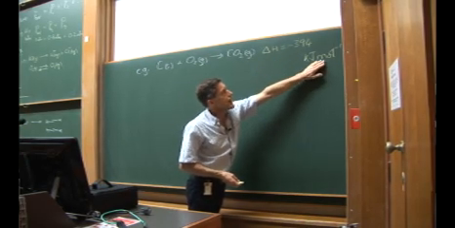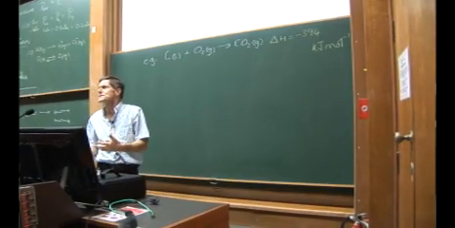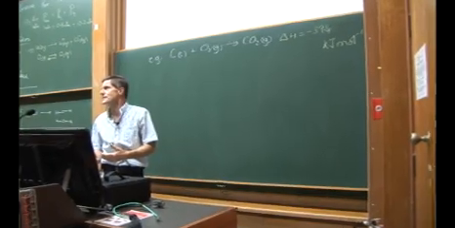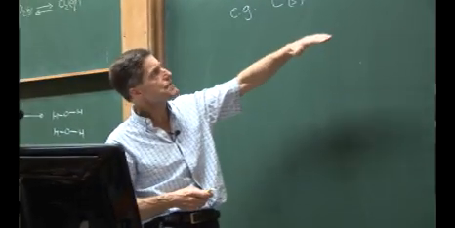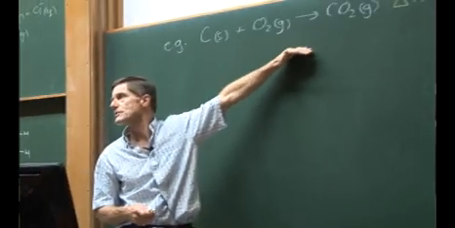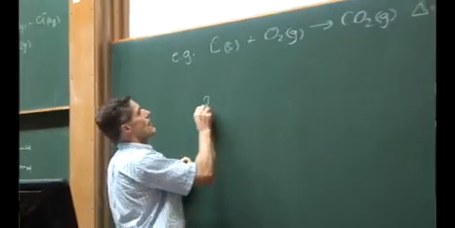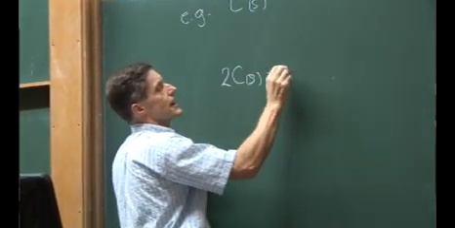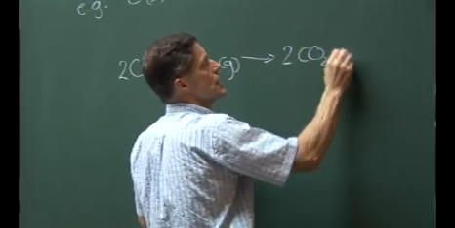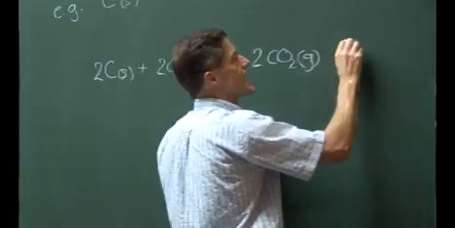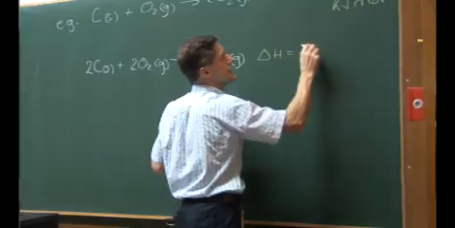Our units are in terms of kilojoules per mole, and all that means is that when we're measuring enthalpy, we're measuring it on a molar scale. The actual amount of heat depends on how much of the material we have. And if I was to write this equation, for example, 2 lots of carbon plus 2 lots of oxygen giving 2 lots of carbon dioxide, then in this case the delta H is going to be twice this value.